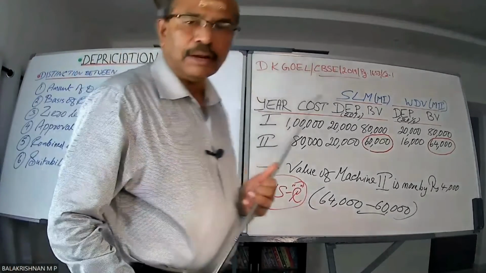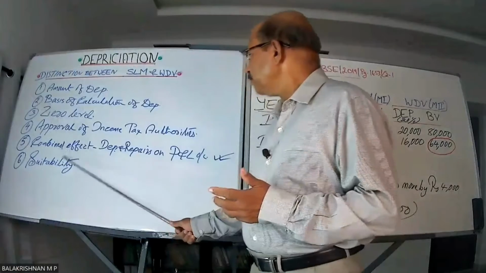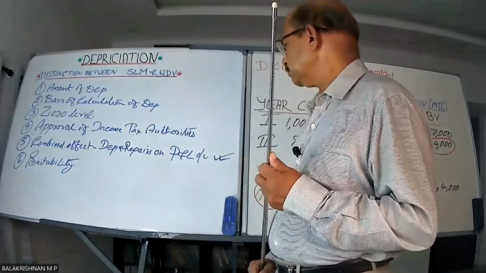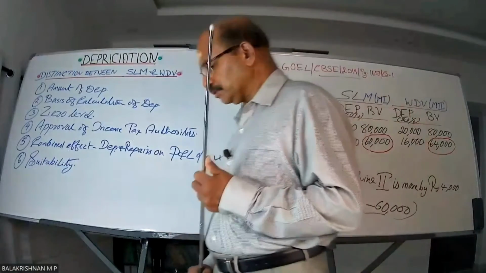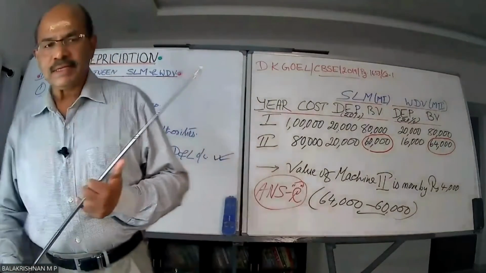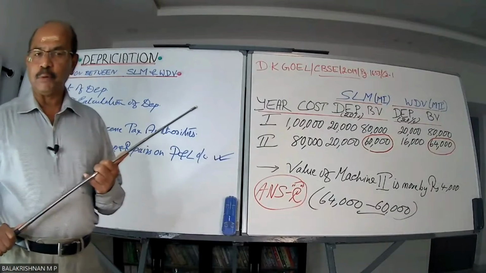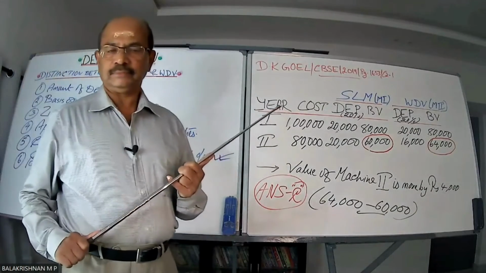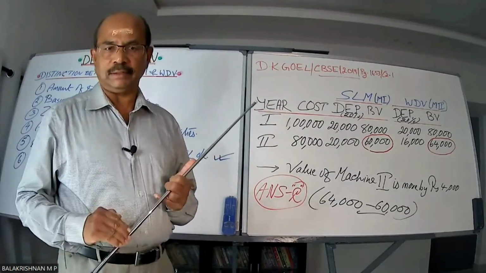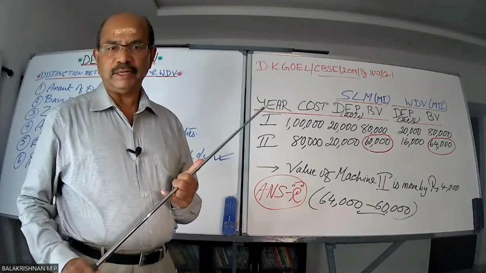Okay. And now comes the fifth one, combined effect of depreciation and repairs on profit and loss account. Well, depreciation and repairs both are expenditures. Okay, if we take them together, we get an X amount in a year.